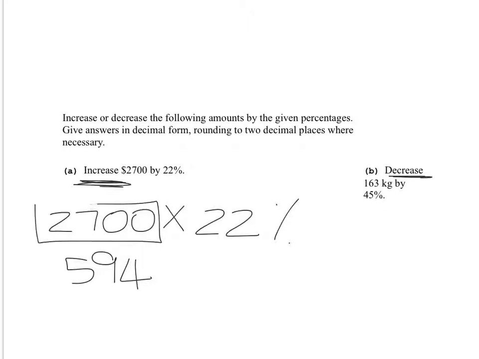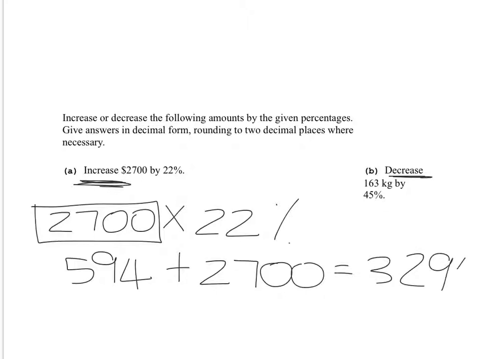Now that amount has to be added to your first amount. So you then go 594 plus 2,700. So you've worked out how much 22% of it is. Then you need to add it to it. When you add them together, let me do it on my calculator, you're going to get 3294, okay?